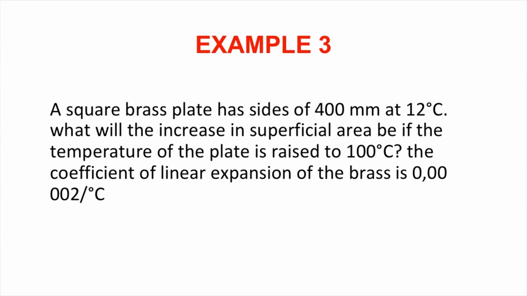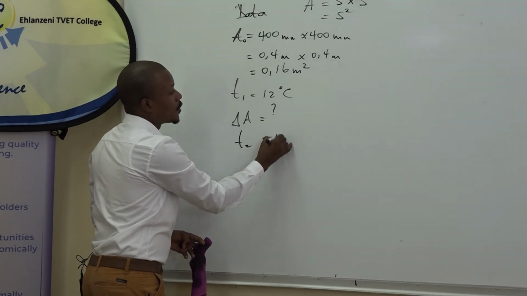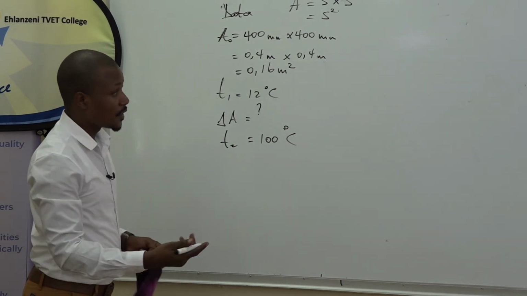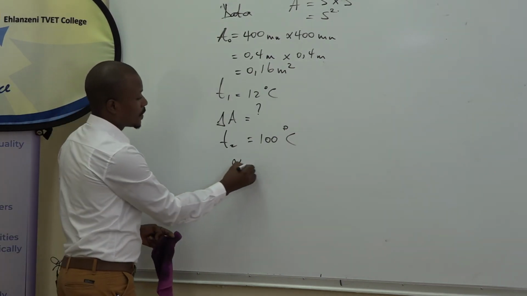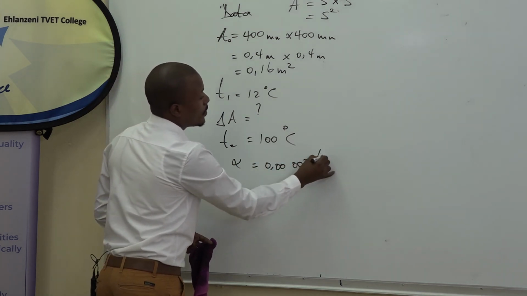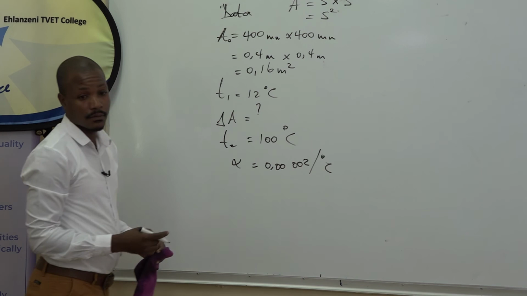Now, what will be the increase in superficial area if the temperature is raised to 100 degrees Celsius, and the coefficient of linear expansion is 0.00002 per degree Celsius?